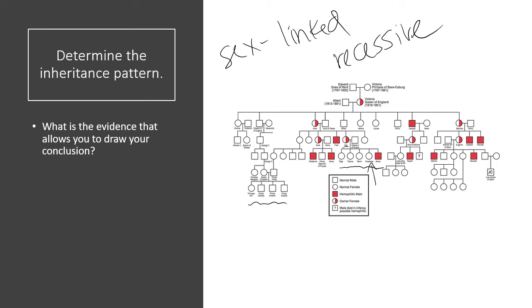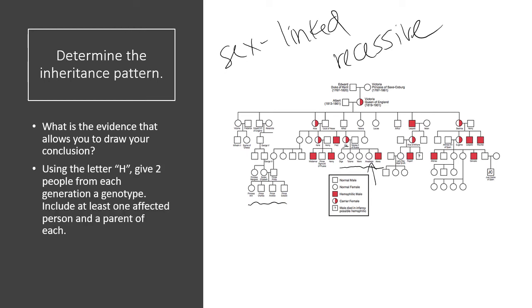Because it is sex-linked, we're going to need to use X's and Y's to designate genotypes. So here, Alexis would be X little h, for having hemophilia, and a Y. And then Anastasia, well, we know she didn't have hemophilia, so she could have been X big H, X little h, or she could have been X big H, X big H. So she has these two options there.